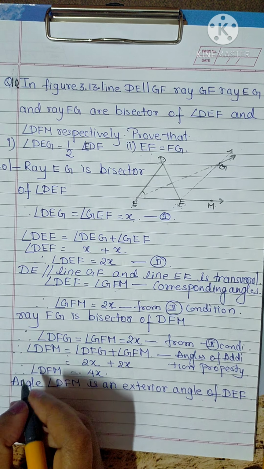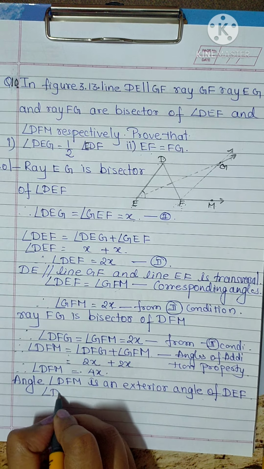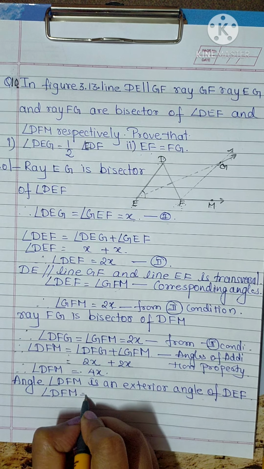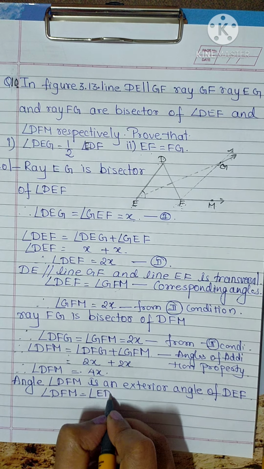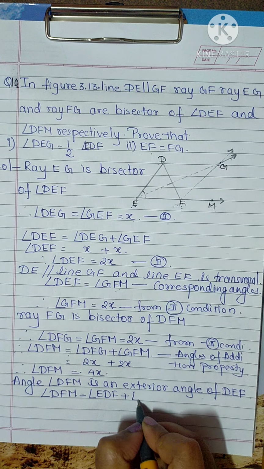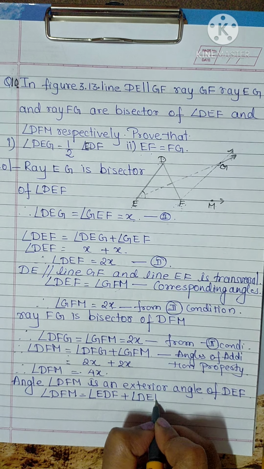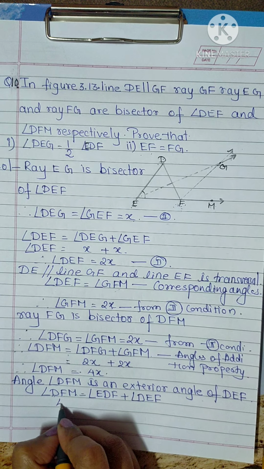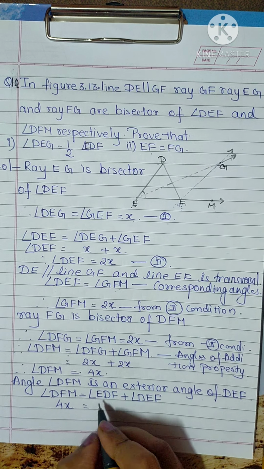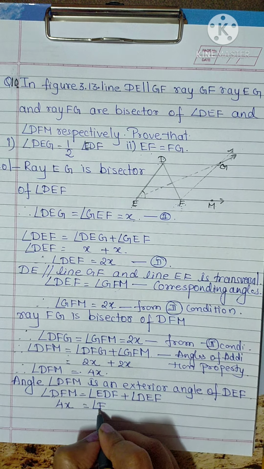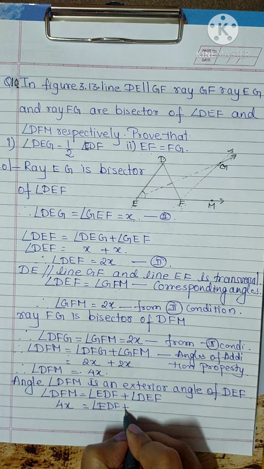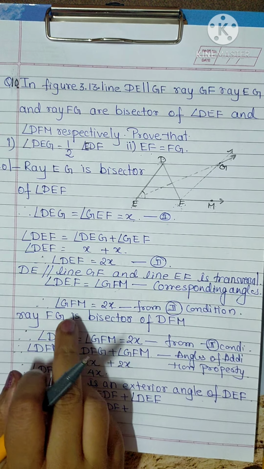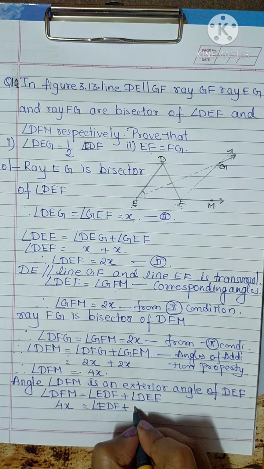So here therefore angle DFM equal to angle EDF plus angle DEF. So here DFM we got 4x equal to EDF as it is, plus DEF, we have DEF as 2x.